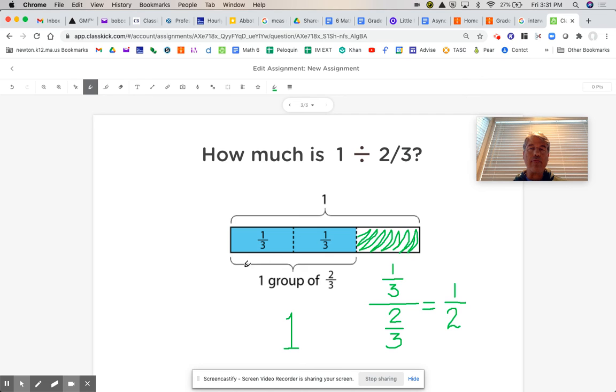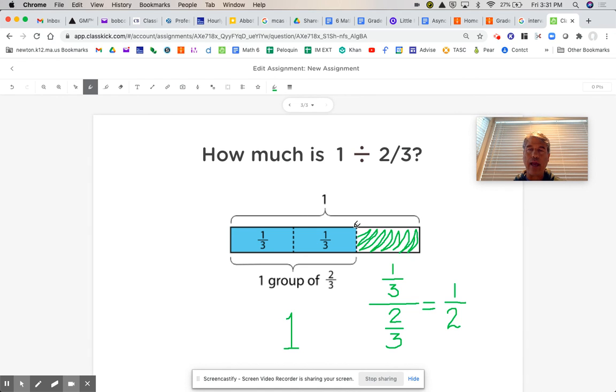So I have a group of 2/3, and like in the previous problem, I have something that's left over to complete the length of 1. And once again, I'm looking at this box, which has a length of a third, like this blue box and this other blue box. And instead of saying that I now have a group of 2/3 and a 1/3 giving me 1 1/3, that would be incorrect.